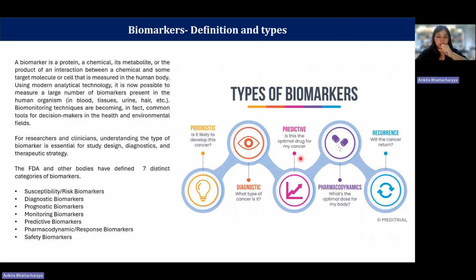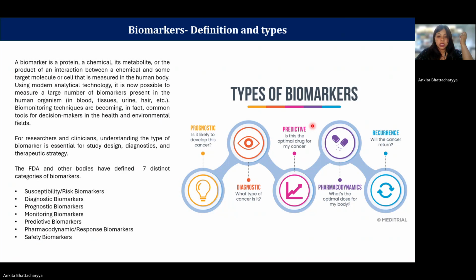Sorry. So first is prognostic. For example, is an individual likely to develop a certain type of cancer that can be detected? Then you have diagnostic. What type of disease is it? Is this the most optimal drug for the cancer type that I'm studying?